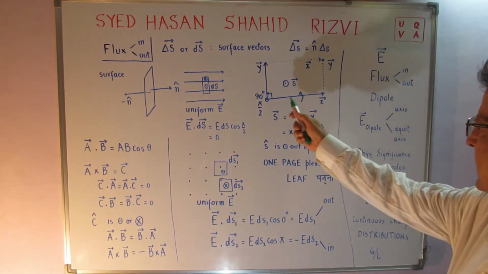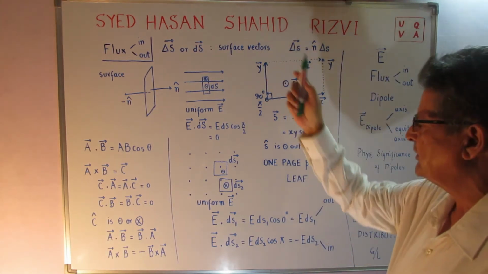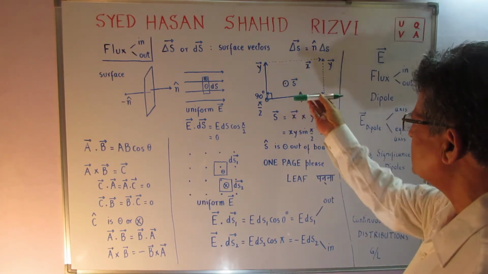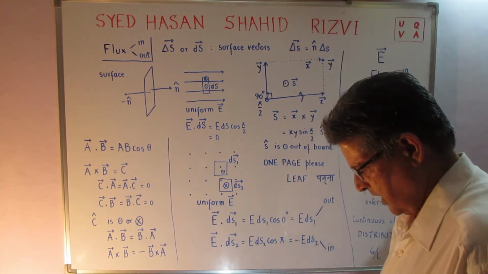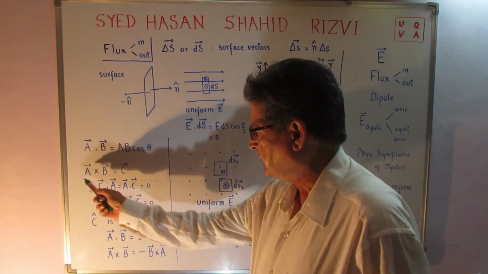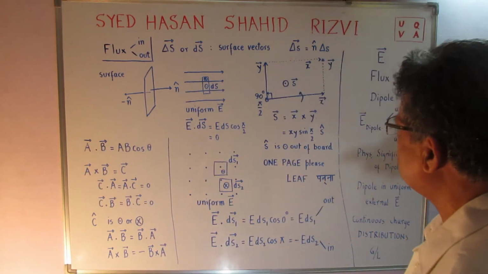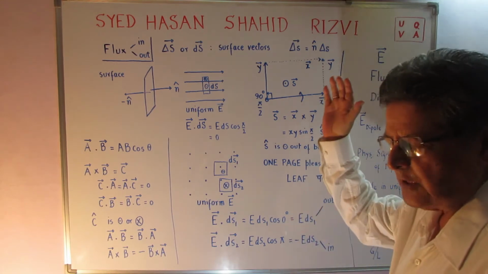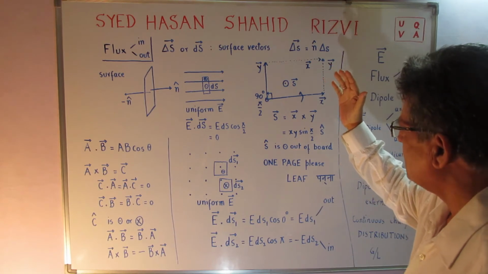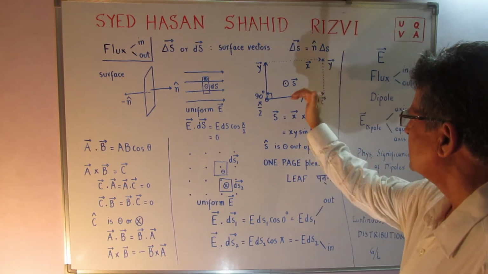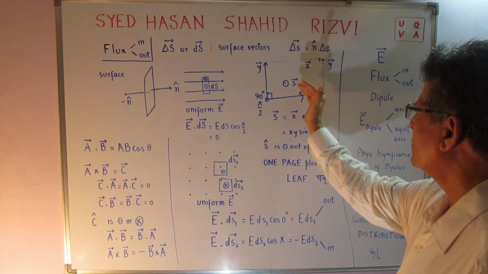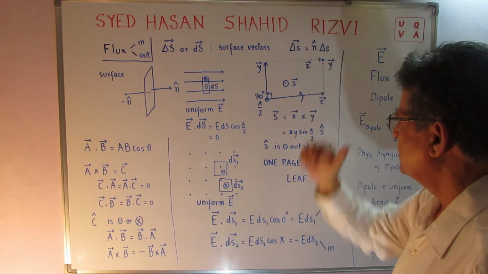Here I have just taken a rectangular set of two space vectors x and y. Now, I told you that in the cross product of two vectors, a cross b is equal to c. Here, what we do is take your right hand, with the natural curl of the fingers, and rotate x towards y.